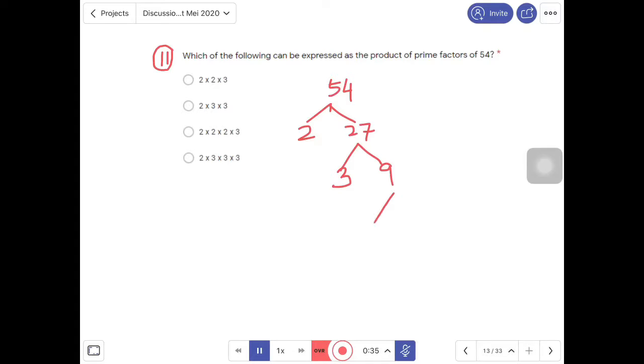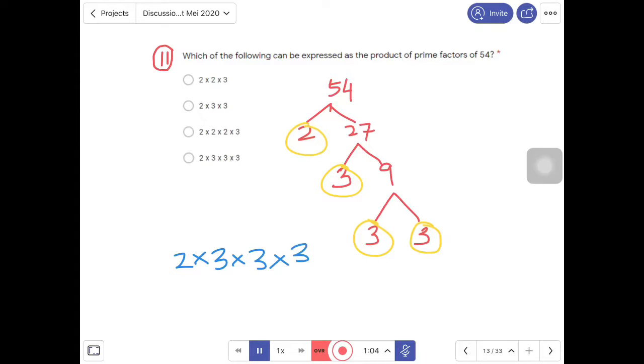Think of the smallest prime factor of 9, which is 3. So 3 times 3. So you can see that all these are prime numbers. So if we rewrite in the form of multiplication, it's 2 times 3 times 3 times 3 equals to 54.